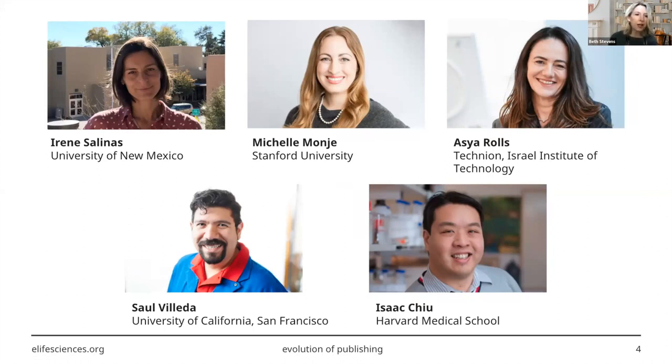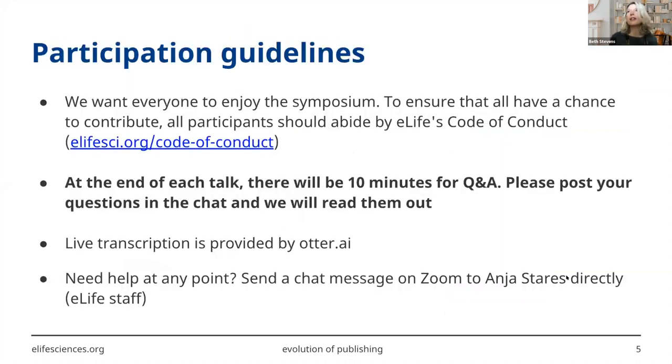So here we have Irene Salinas from University of New Mexico, Michelle Manger from Stanford University, Asya Rolls from Israel, Saul Valeda from University of California, and Isaac Chu from Harvard. Without further ado, I'm going to pass it over to Carla to introduce our first speaker, who is Irene Salinas.